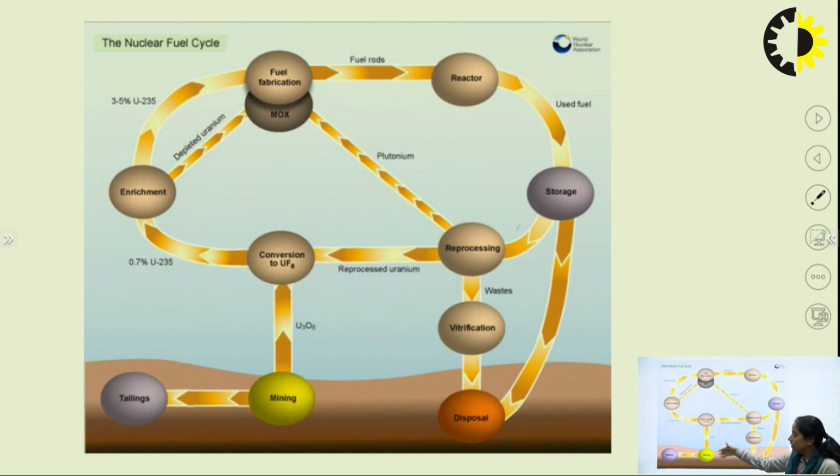So in mining we receive U3O8, which goes for conversion to UF6. This UF6 will contain only 0.7% of U235. Only 0.7% of U235 is not enough for producing electricity.